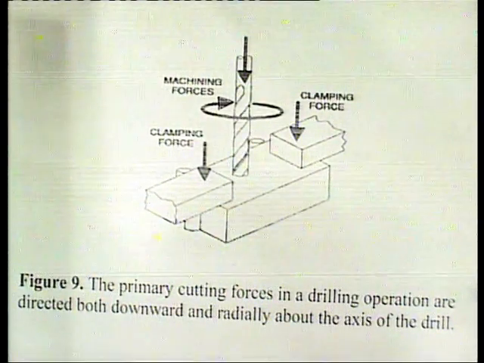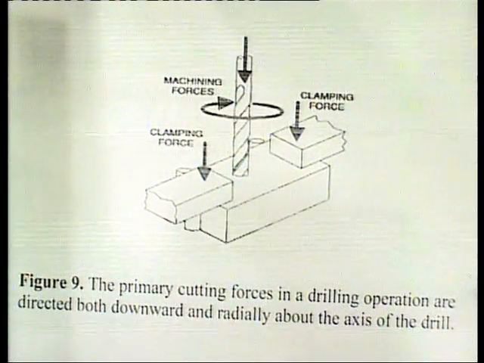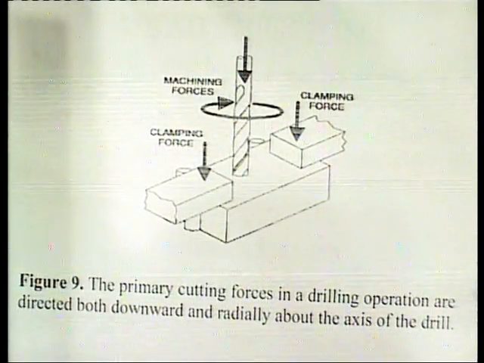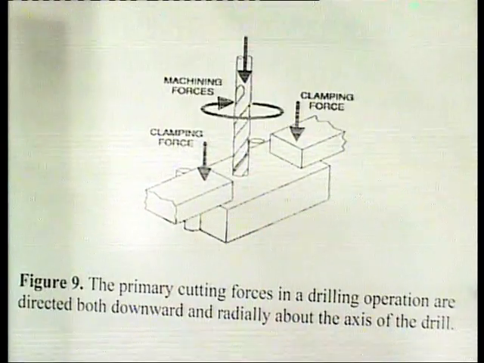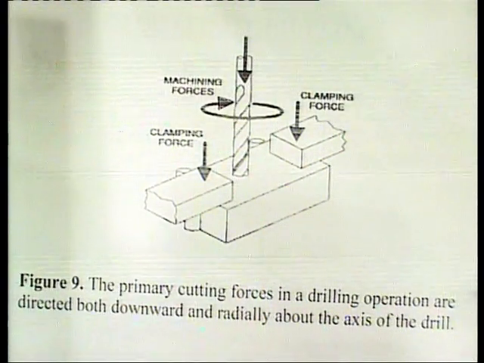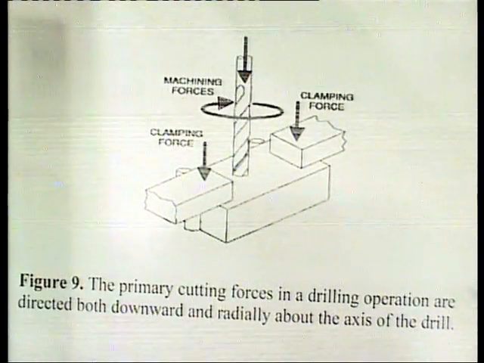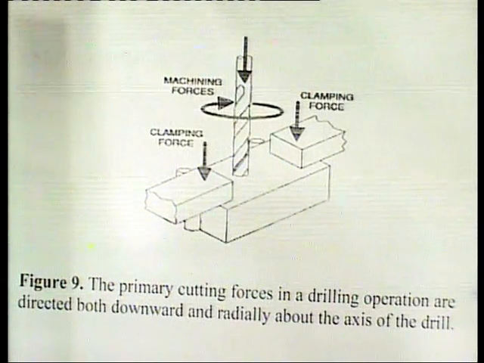An additional machining force radially around the drill axis also forces the workpiece into the locators. The clamps that hold this workpiece are intended only to hold the workpiece against the locators and to maintain its position during the machining cycles.